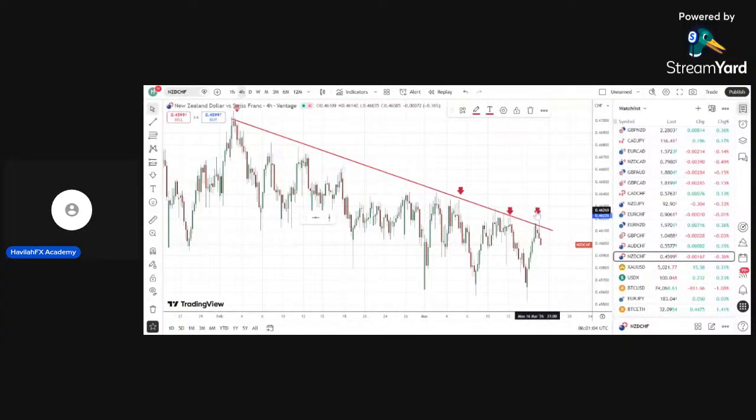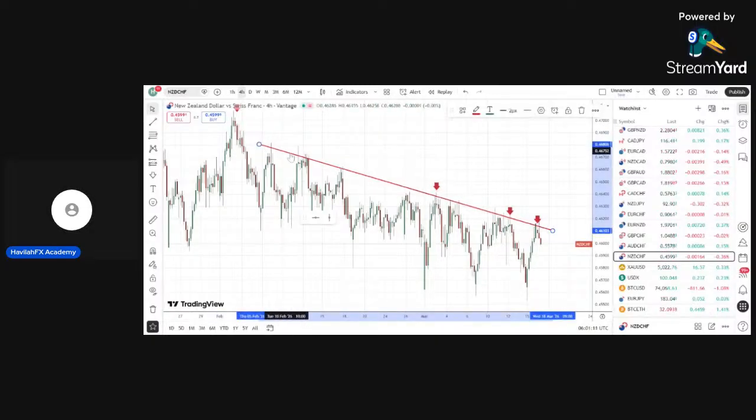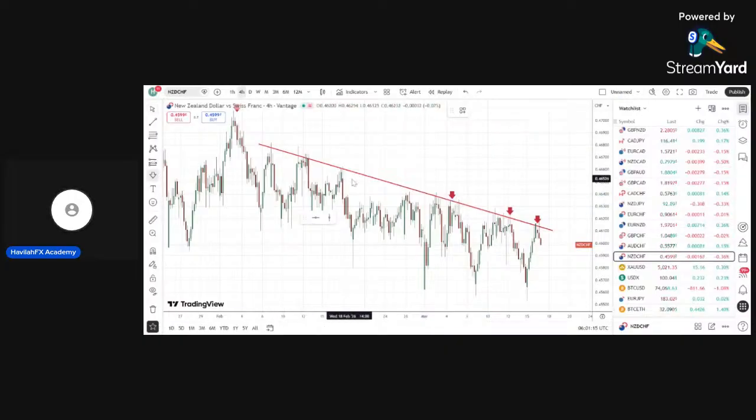So price just touched another lower high in recent time, or we can just bring it down here so that we can have more bounce. There's been a series of bounces after price hit the trend line multiple times.